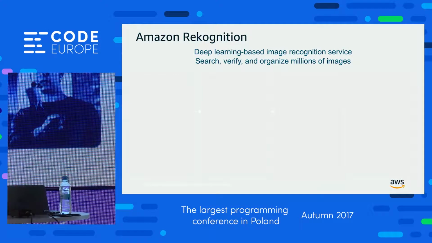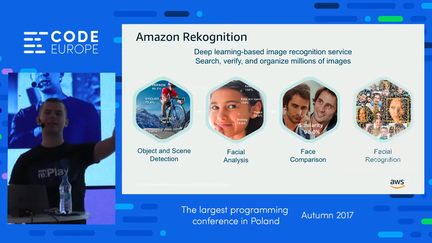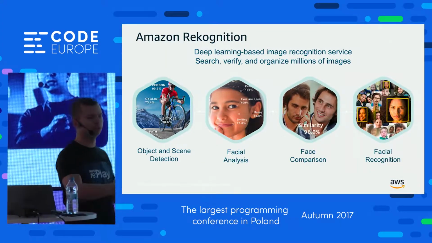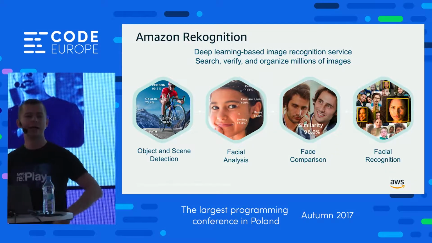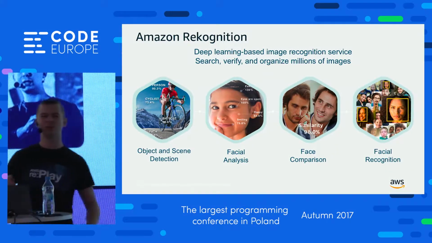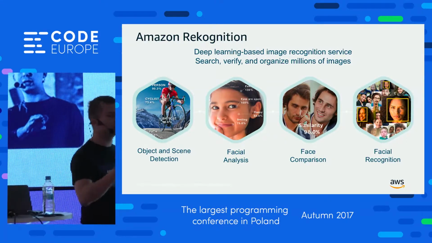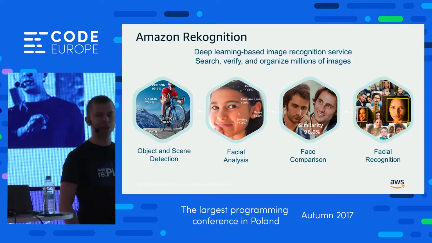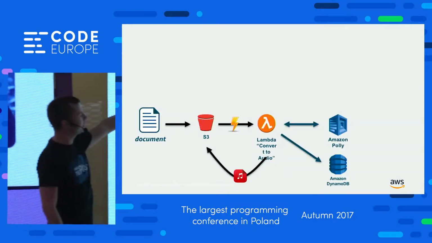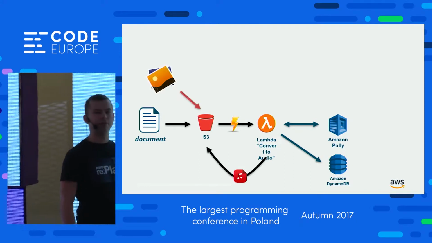Okay, so the next step will be to let it see. We'll use a service called Rekognition. This is a service which will analyze pictures. For example, we could put there an image of a face, and it will tell us whether it is male or female, how old she is, whether she is wearing glasses, and so on. So what we want to do now is extend this application by having the possibility to put pictures in the S3 bucket.